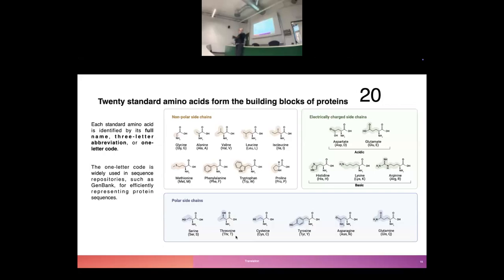It's not exclusive, but three are the ones you will hear the most, and that's serine, threonine, and tyrosine. And that's because of the hydroxyl group in their residues, okay? And those hydroxyl groups will allow for phosphorylation.